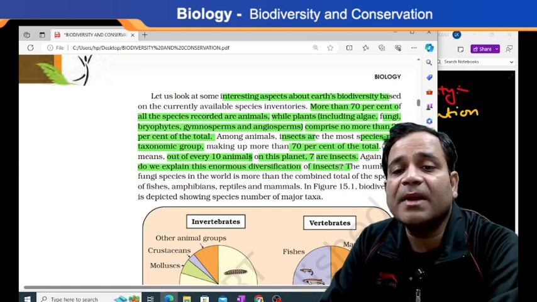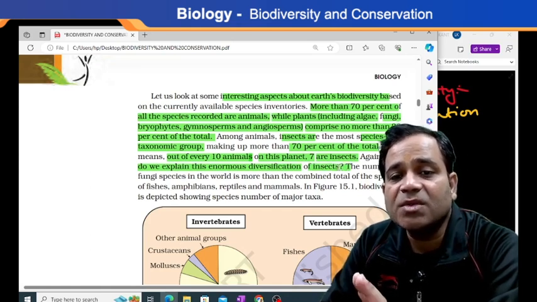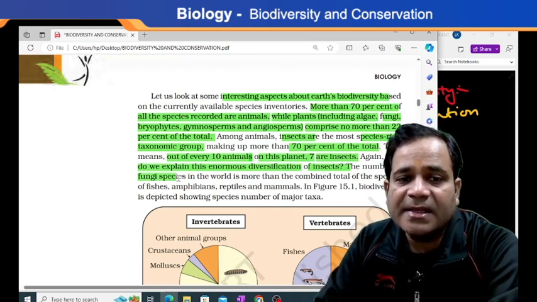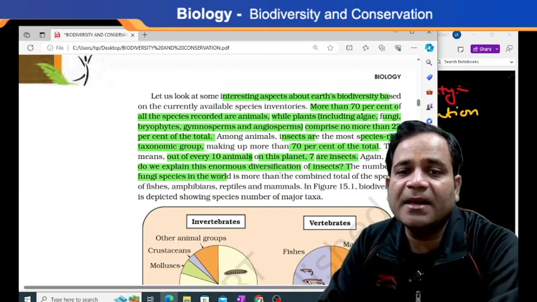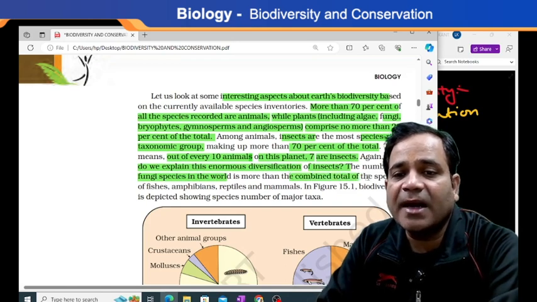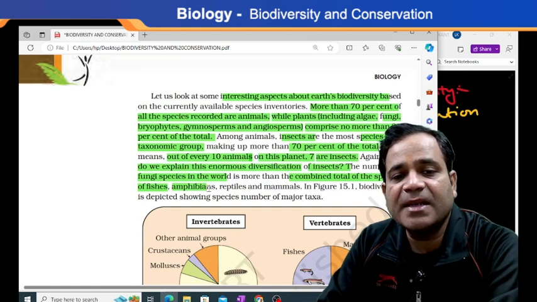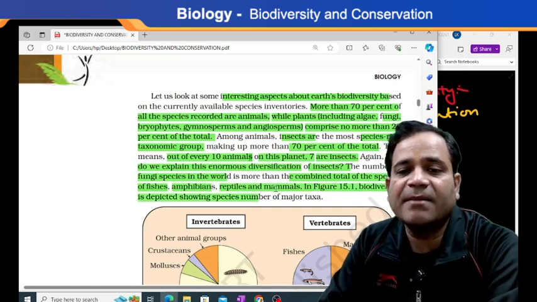Here, the number of fungi species in the world is more than the combined total of species of amphibians, reptiles, and mammals.